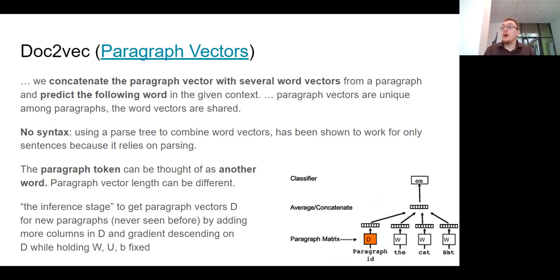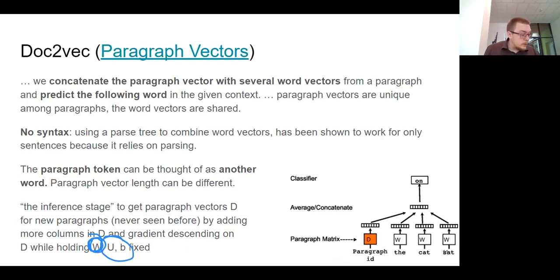They said that in the inference stage, we fix W, which means we don't change the weights of words. We also fix the parameters of the softmax function, which are just the biases and weights of softmax.